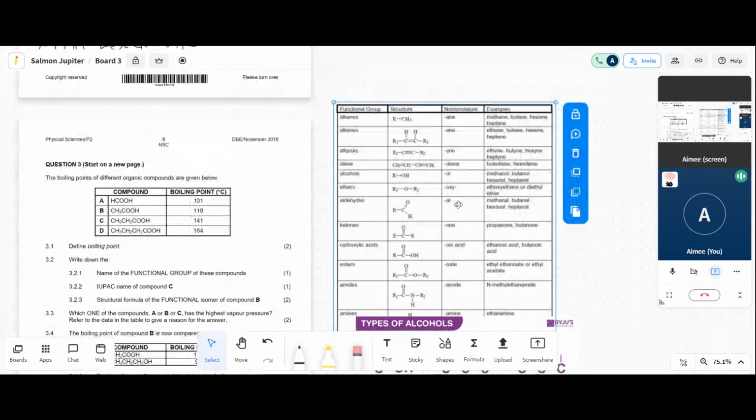Okay, and so that's your answer, propanoic acid. Because the end of it is oic acid, and our prefix is prop because there are 3 carbons in this one. So your answer there is propanoic acid. Okay?